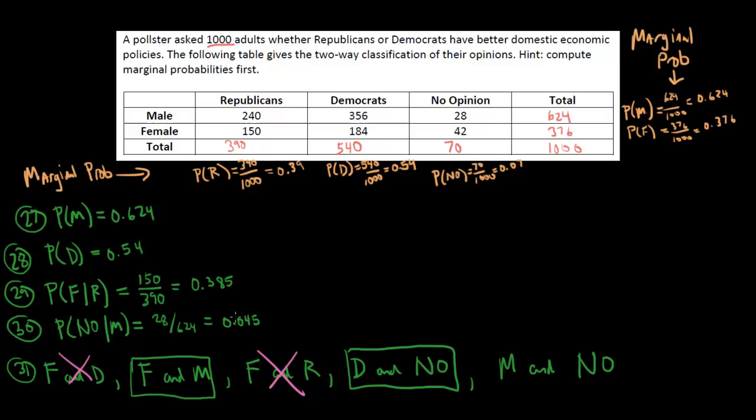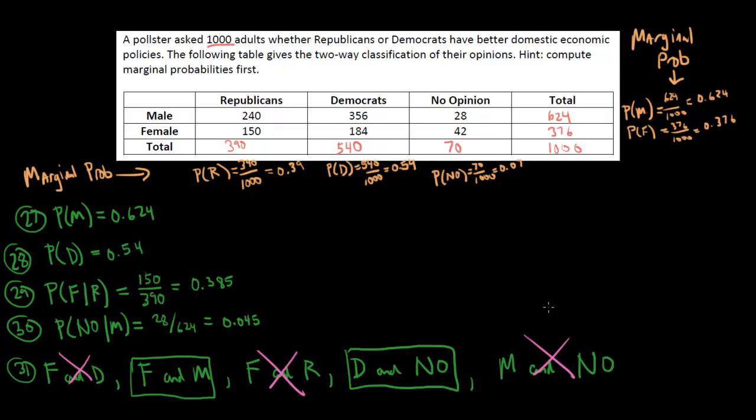Well, a conditional probability that talked about these. So, yeah, there's 28 people that are male and no opinion. Okay? So those are not mutually exclusive because there are people that satisfy both of those events at the same time. Okay? Now, I'll just talk through the other ones.